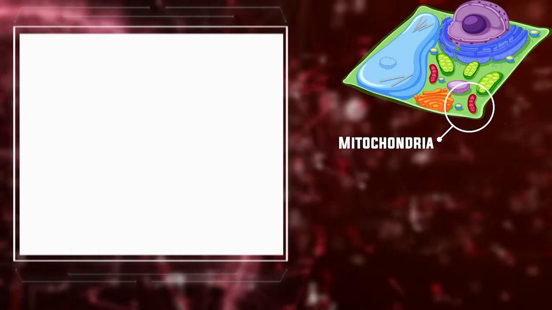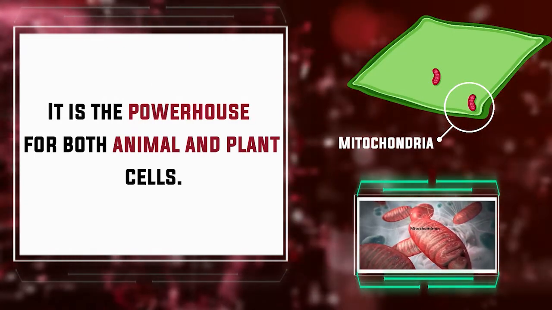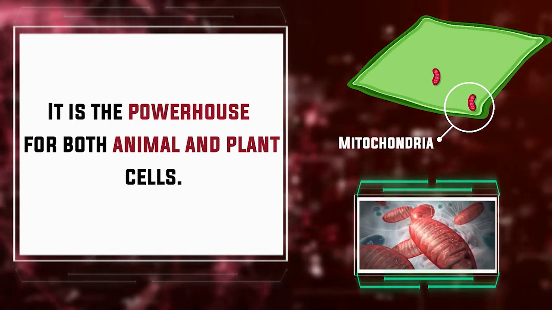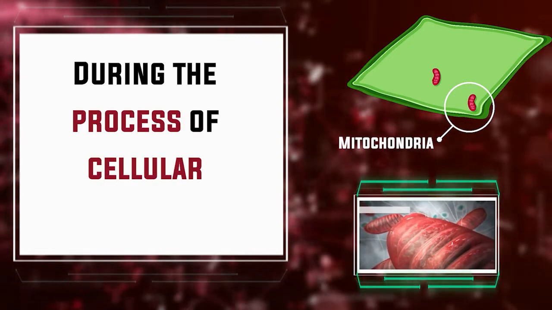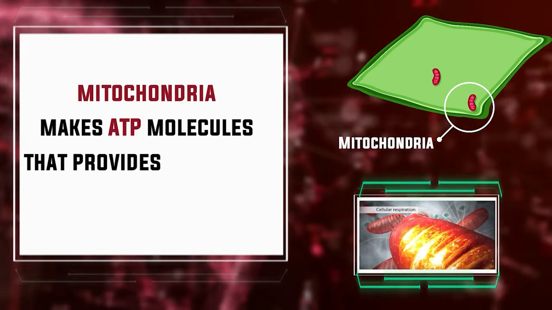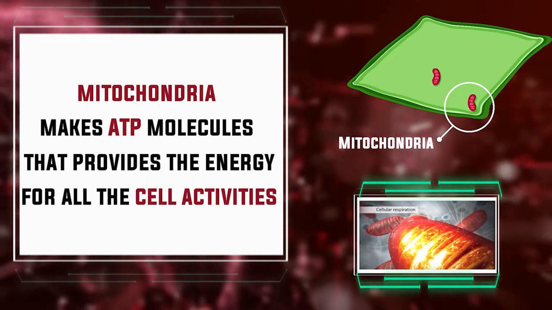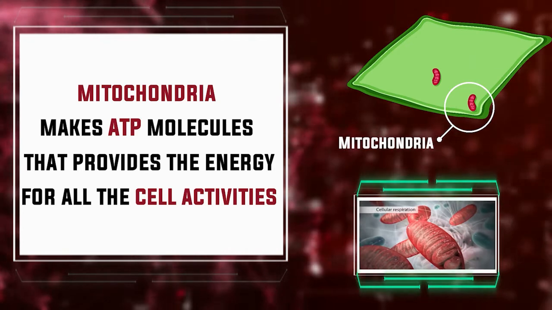Mitochondria. Mitochondria is known as the powerhouse for both animal and plant cells. During the process of cellular respiration, mitochondria make ATP molecules that provide the energy for all the cell activities.